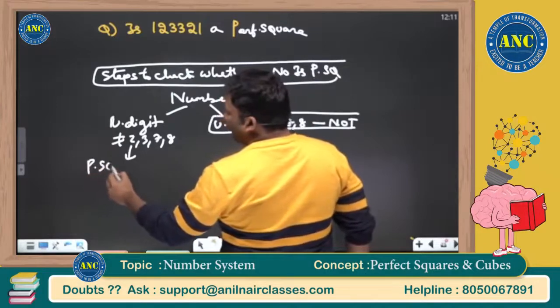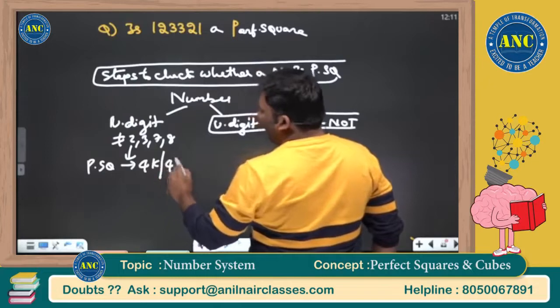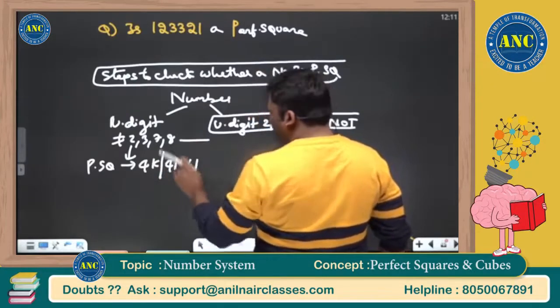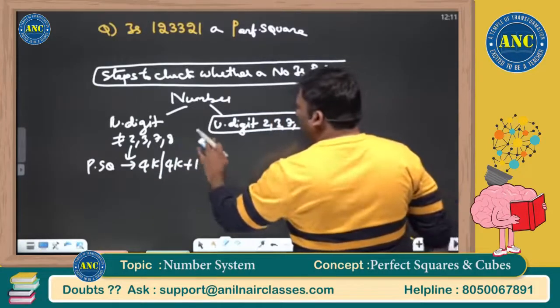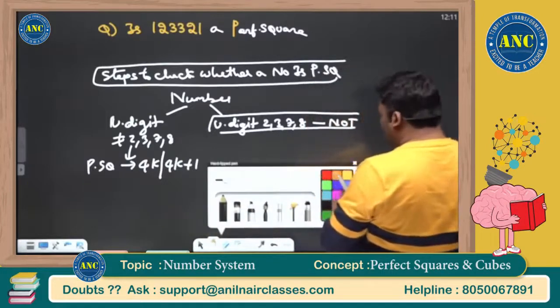A perfect square should be of the form 4k or 4k plus 1. This is something which we discussed. Next one. Many students do not know this flow chart.